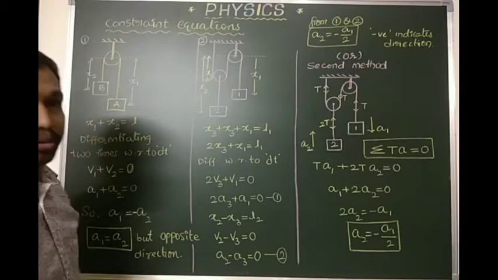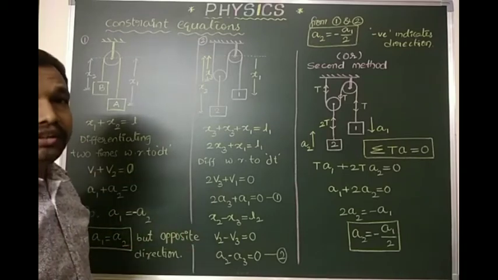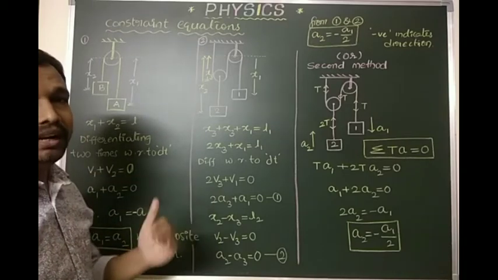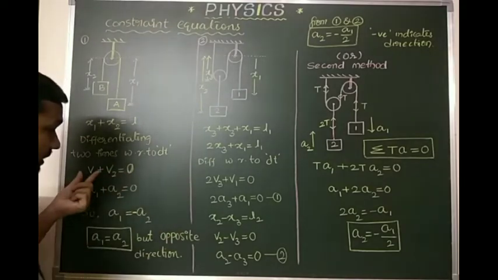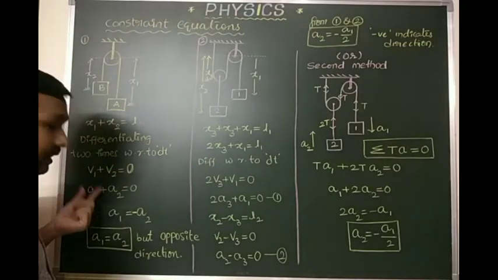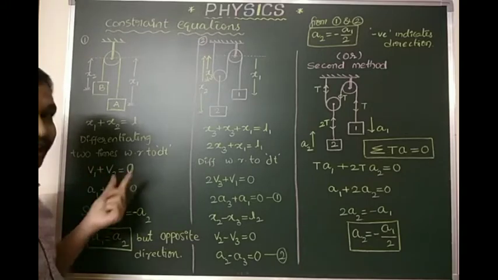If we differentiate one more time, the rate of change of velocity, change in velocity by time, gives us acceleration. The differentiation of v1 is a1, and of v2 is a2.